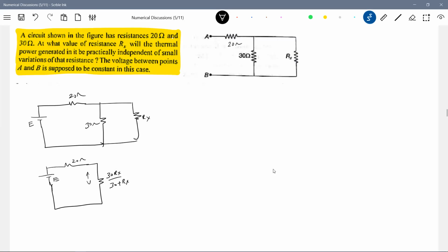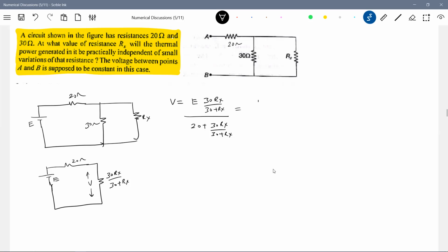So can we use the potential divider formula? V1 or anything you can apply. Let me write only V. What will be the expression for V? V will be E into the resistance of that, 30 Rx by 20 plus 30 Rx by 30 plus Rx.